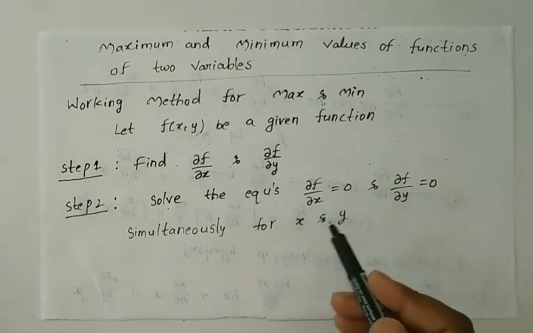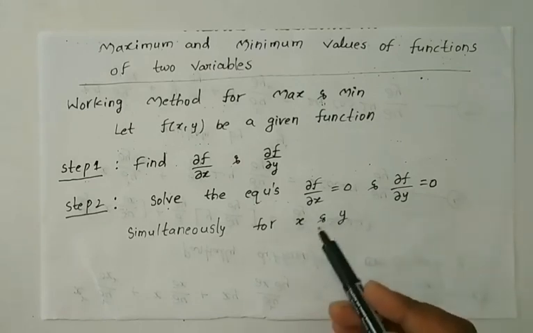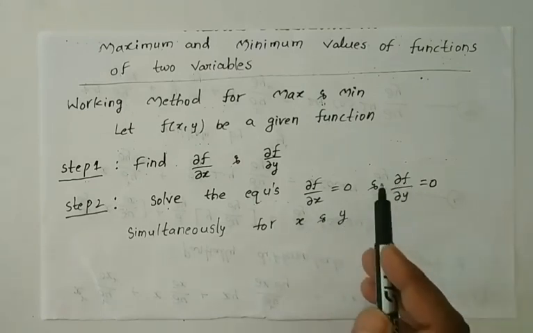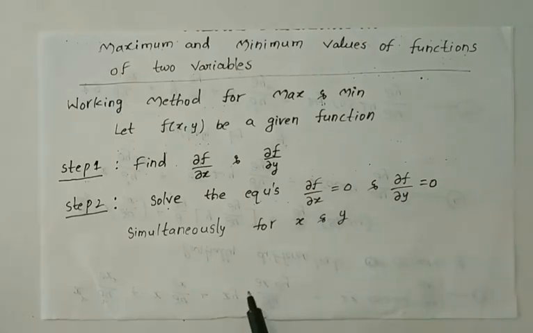Then the pairs of values of x and y will give a critical point of f of x comma y.